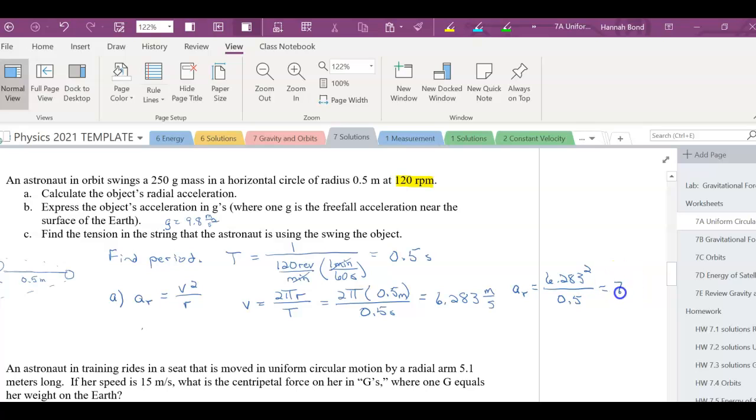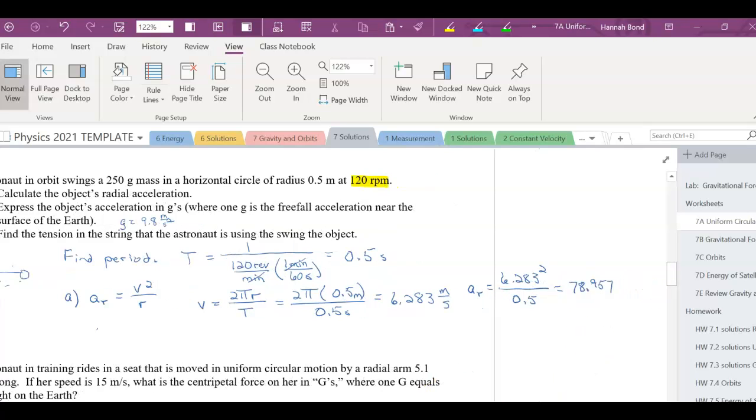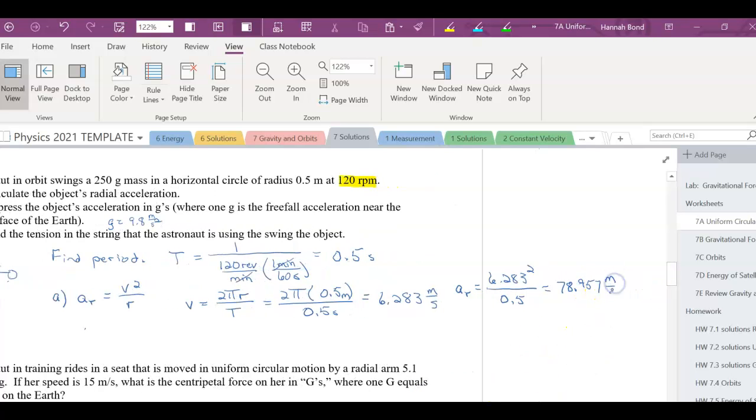And so I get 78.957 meters per second squared. That is the radial acceleration.